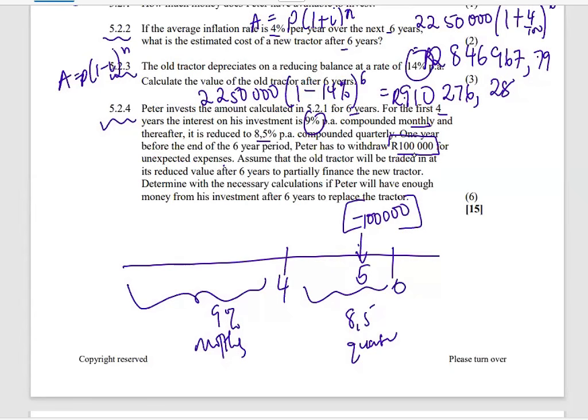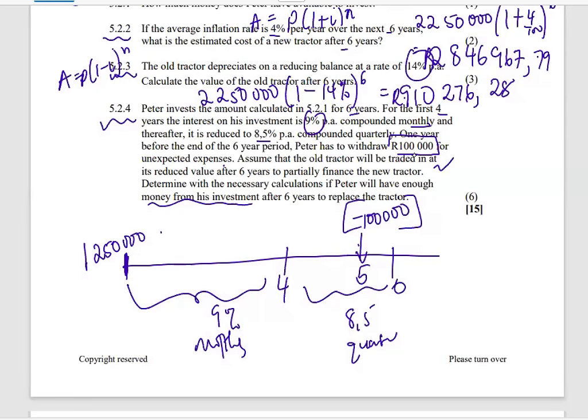Okay, assume that the old tractor will be traded in at its reduced value after 6 years to partially finance the new tractor. Determine with necessary calculation if Peter will have enough money from his investment to replace the tractor. So remember, initially the starting amount is 1,250,000.